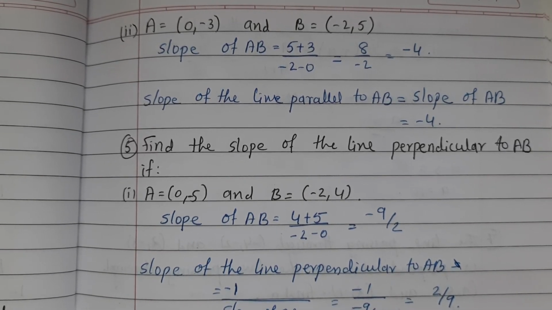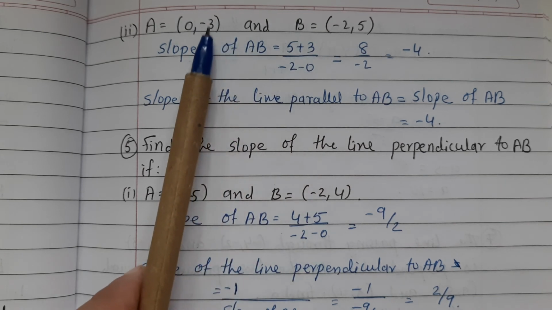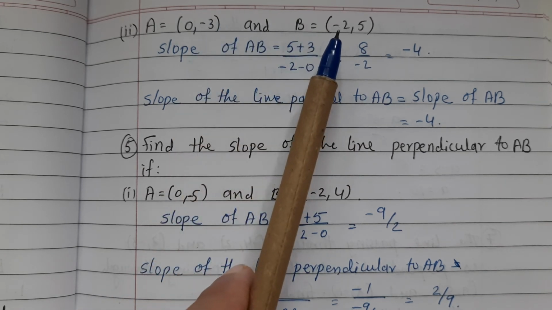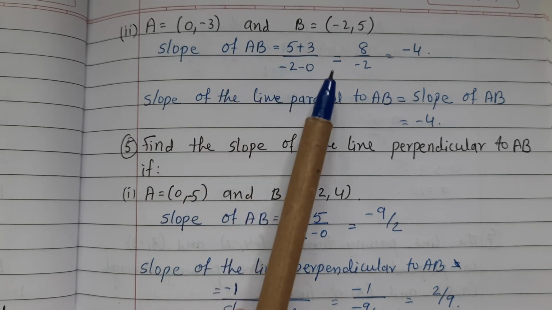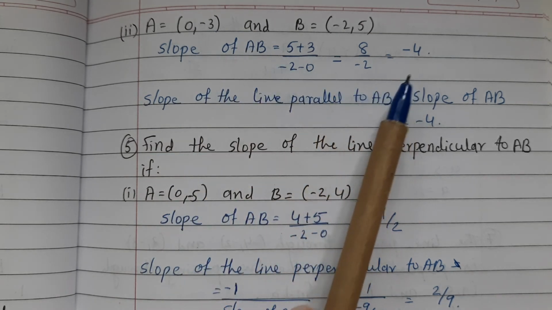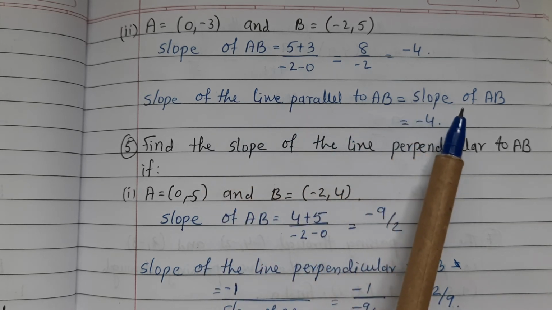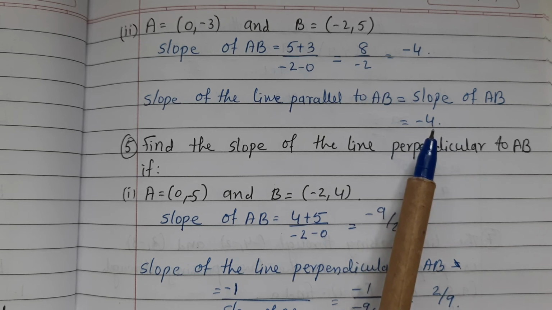Second part, A equals (0, -3), B equals (-2, 5). Slope of AB equals (5 - (-3)) upon (-2 - 0) equals 8 upon -2 equals -4. Slope of the line parallel to AB equals slope of AB equals -4.